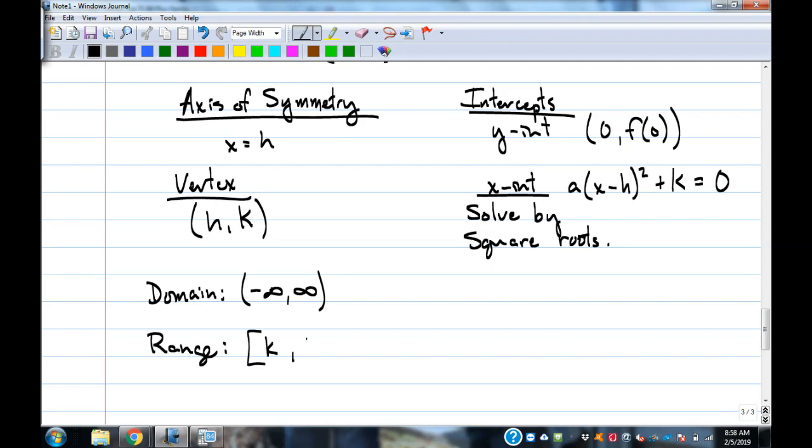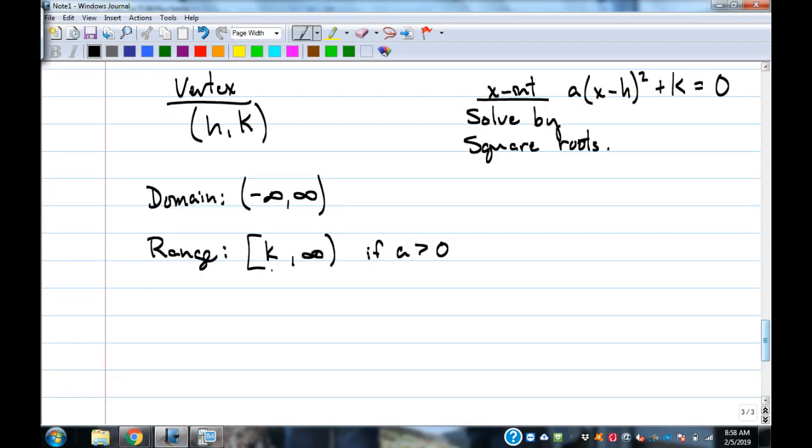And if A is positive, it's going to go up to infinity. So if A is greater than 0. If A is less than 0, that means the parabola is going to open down. We're going to have a maximum. So it would be from negative infinity up to K. Again, A decides the direction we're going, the maximum and minimum, and what direction we're going with the range as well.